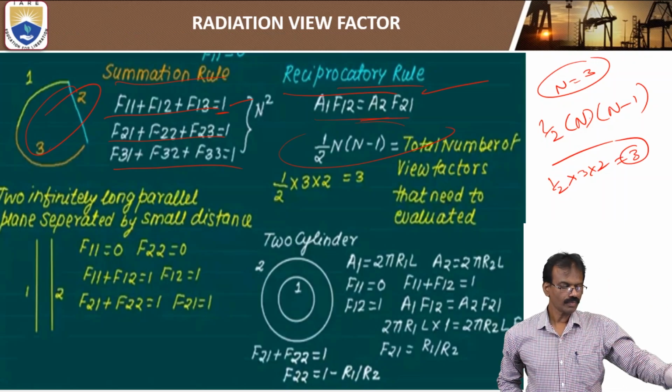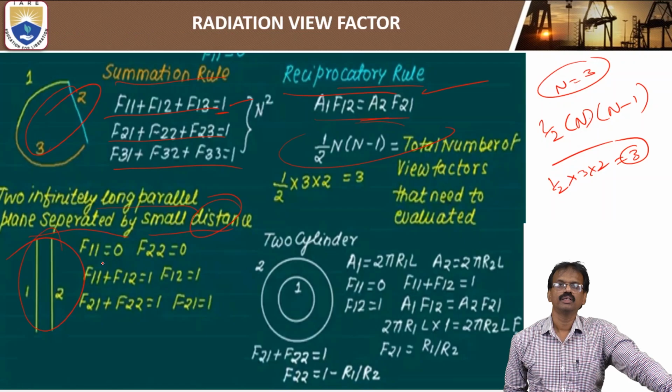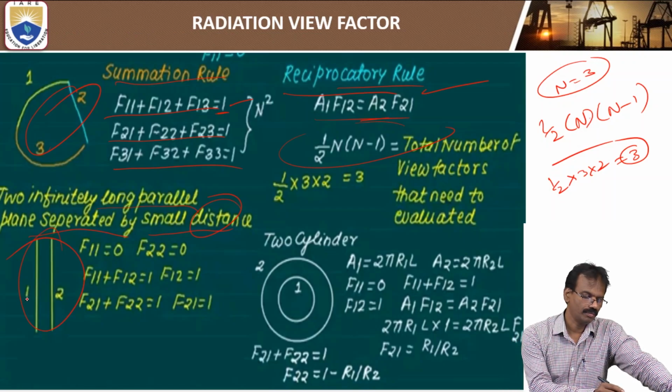Here, long flat surfaces: two infinitely long parallel planes separated by a small distance. In this case, F11 is equal to 0, because the energy leaving the surface doesn't meet the surface again. Here also the energy leaving the surface doesn't meet it again. So F11 is equal to 0, F22 is equal to 0.